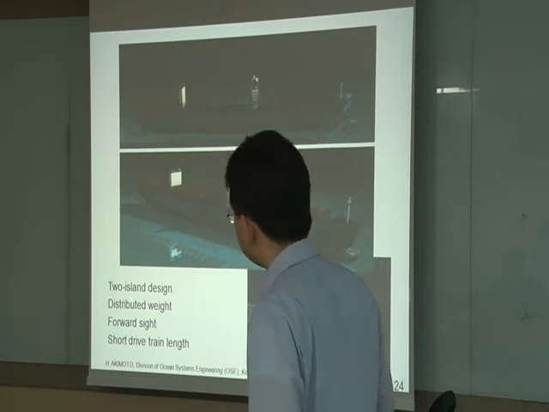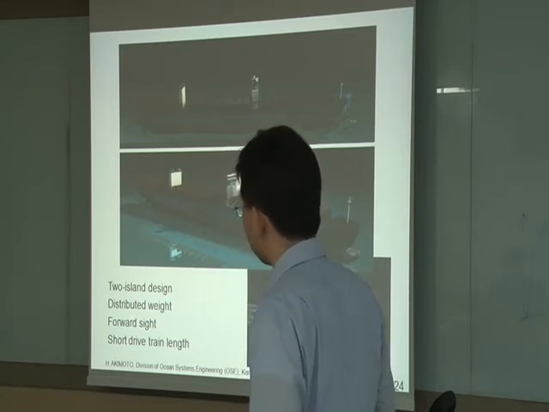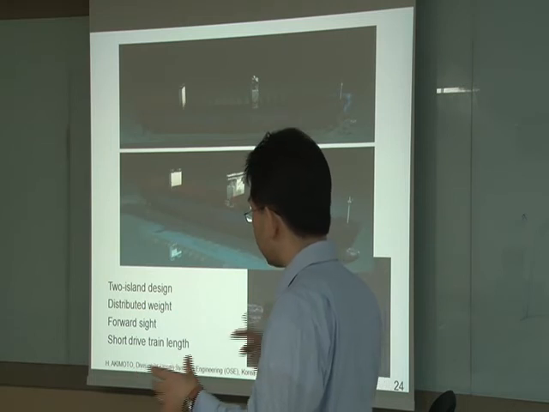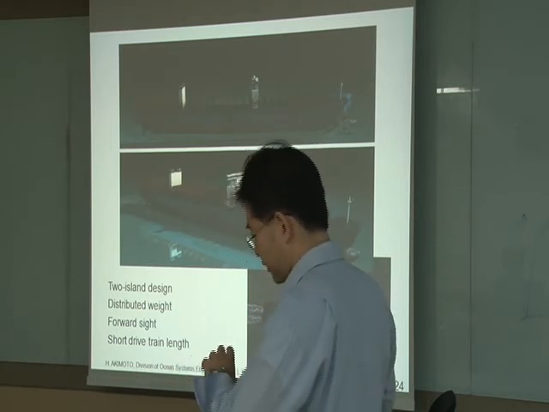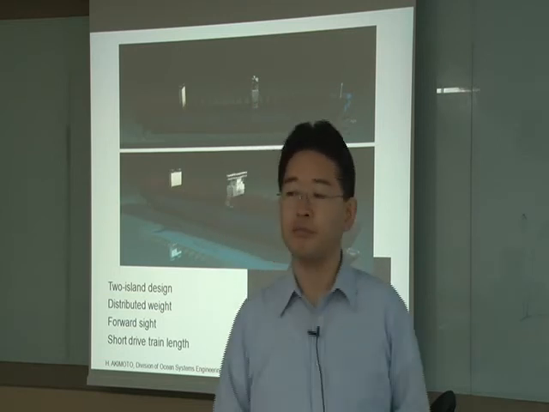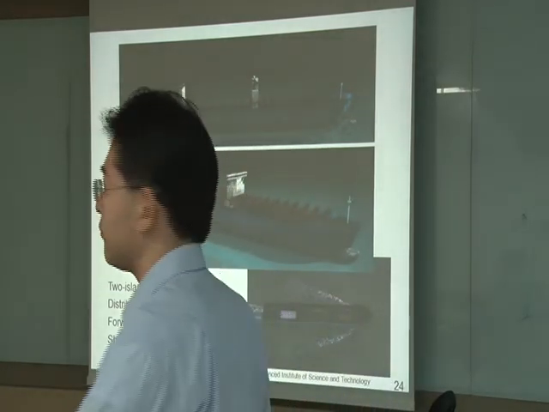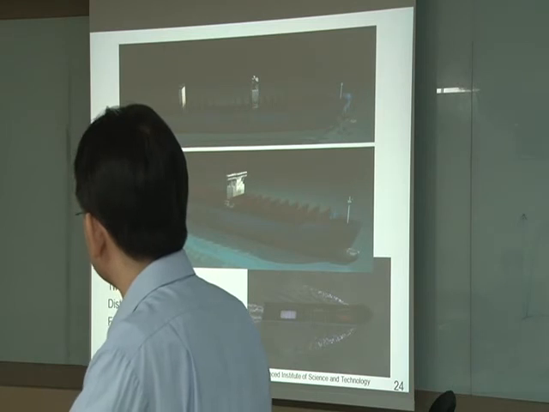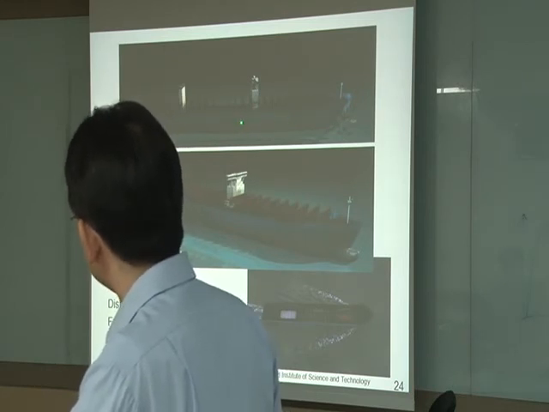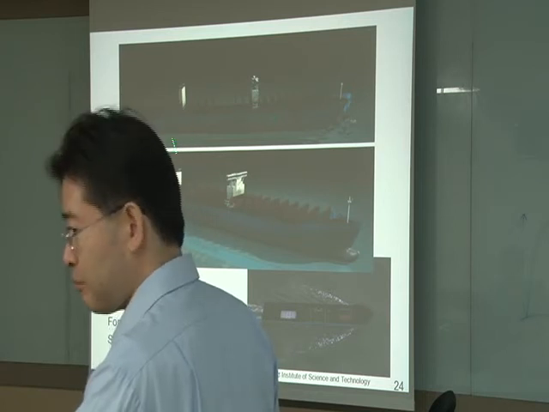So the two-island design is for well-distributed weight, because, as I said, a large container ship requires highly detailed consideration. The frontmost island is almost in the middle, slightly forward.